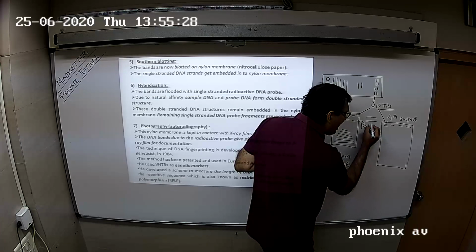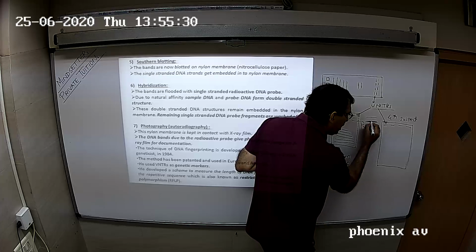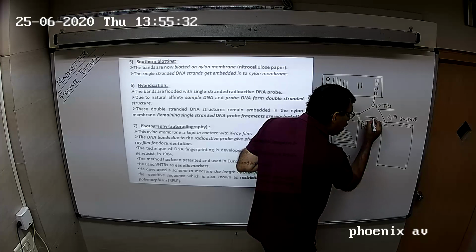And probe DNA is made which is complementary to the VNTR of the fourth suspect.